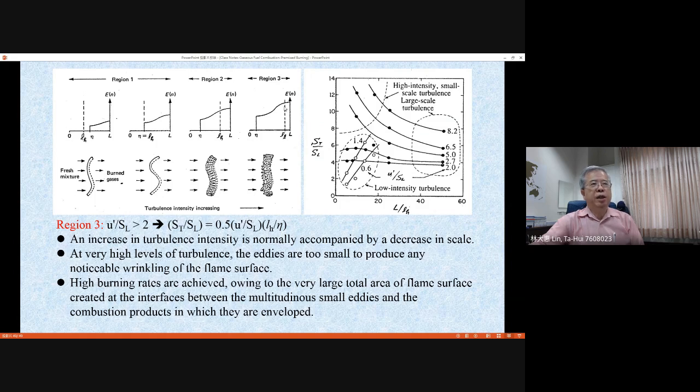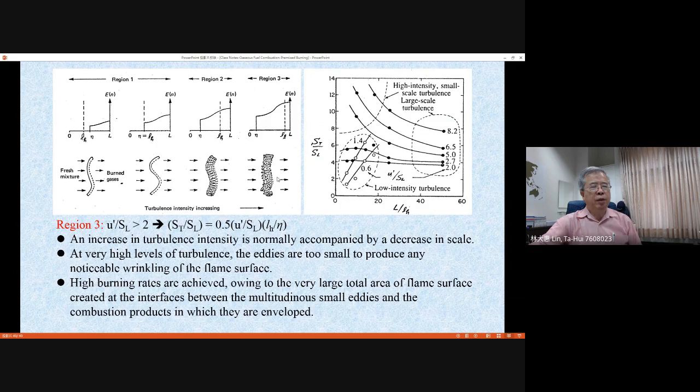Okay, a decrease in scale means that many of the eddies have a smaller size compared with the flame thickness, and most of the eddies have a strong possibility to penetrate into your flame zone, your reaction zones, which means the curvature of your flame becomes less clear.